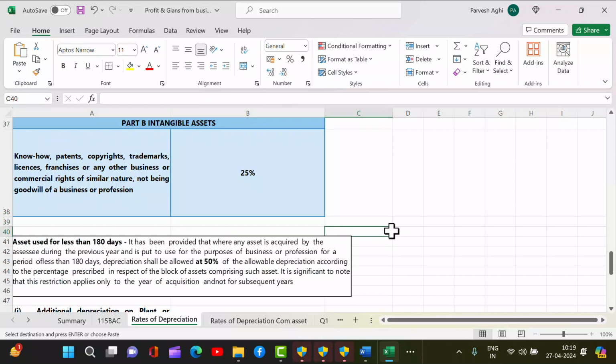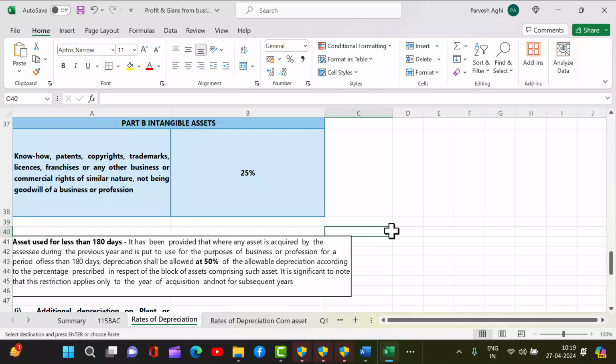It has been provided that where any asset is acquired by the assessee during the previous year and is put to use for the purposes of business or profession for a period of less than 180 days, depreciation shall be allowed at 50% of the allowable depreciation according to the percentage prescribed in respect of the block of asset comprising such asset. It is significant to note that this restriction applies only to the year of acquisition and not for subsequent years.